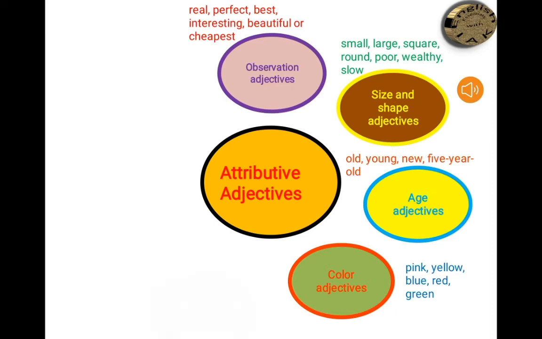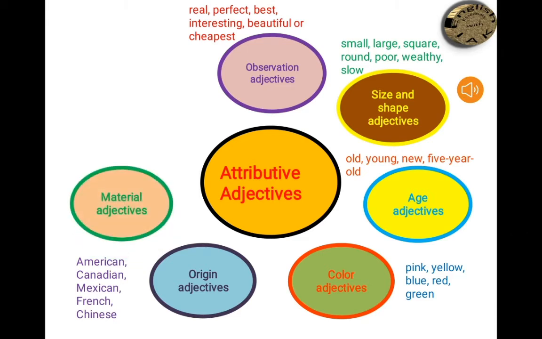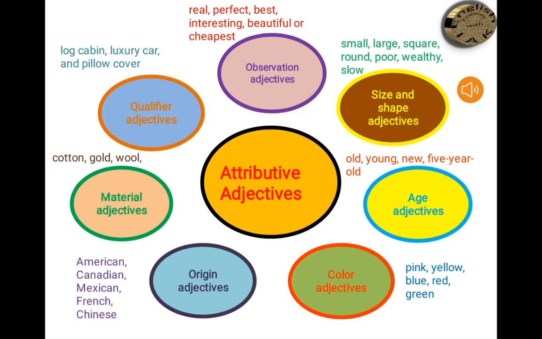Then we have origin adjectives, for example, American, Canadian, Mexican, French, Chinese, which is followed by material adjectives like cotton, gold, wood, etc. Then qualifier adjectives like log cabin, luxury car, and pillow cover.